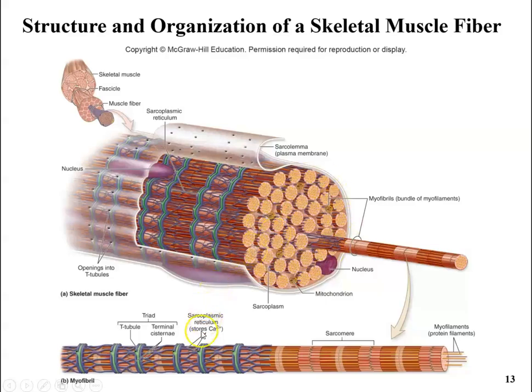Here you have the sarcoplasmic reticulum that stores calcium, and calcium is going to be really important for muscle contraction. We'll learn about that here in a little bit. There are these terminal cisternae that run down along here. They're slightly larger than the rest of the sarcoplasmic reticulum. They're a good reservoir for calcium, okay?